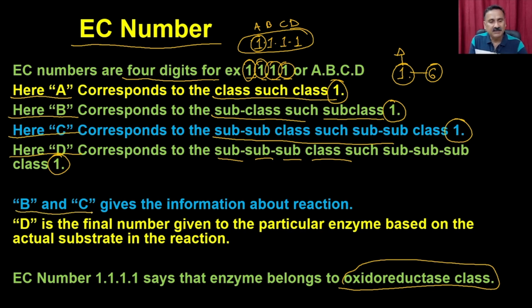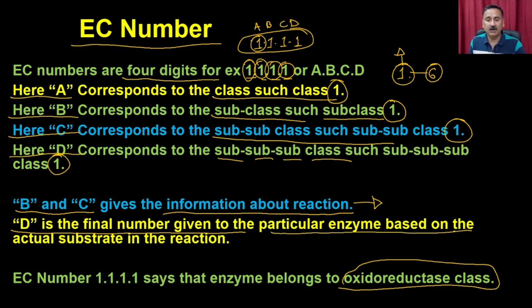What information do B and C give you? B and C give the information about the reaction this enzyme is going to catalyze, which means the type of reaction. Whereas D is the final number, given based on the actual substrate involved in this particular reaction. So from the enzyme commission number, you get the full information: which class it belongs to, what kind of reaction it is catalyzing, and what substrate.